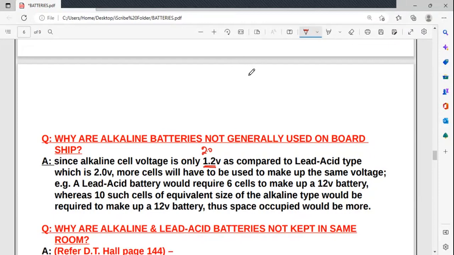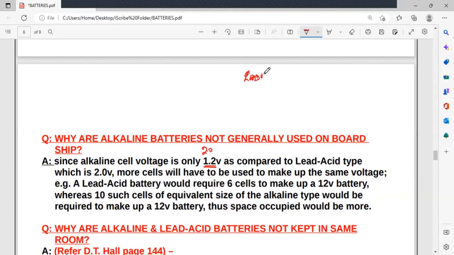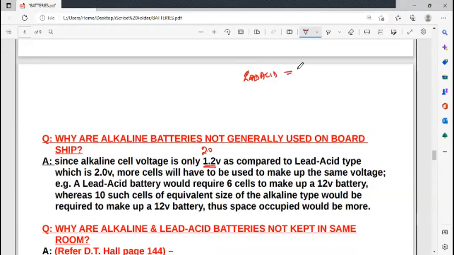So for 24 volts, for your lead acid ones, you require 12 cells. For your alkaline, you require 20 cells for 24 volts. So more number of cells. That is one of the main things.